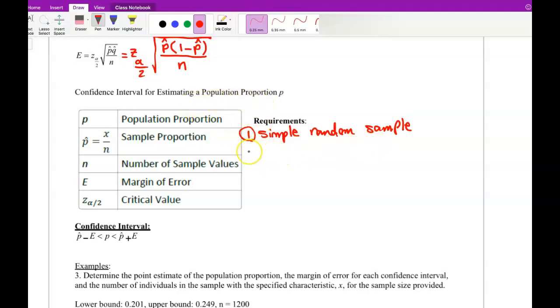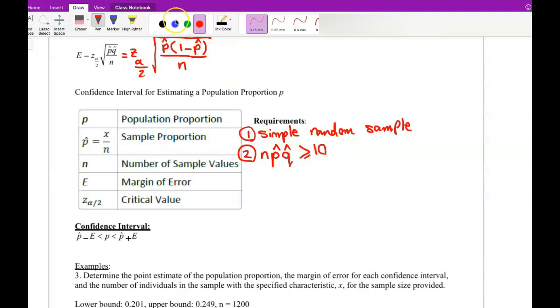So we should have all these. And the first one is having a simple random sample. In second one, here sample size times sample proportion times, so p hat times q hat. This should be greater than or equal to 10.